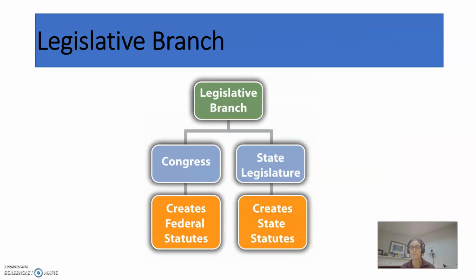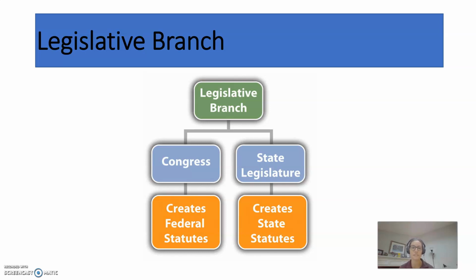So the legislative branch. Now remember, before I say something, that we have the federal system. So when we talk about the legislative branch, we actually have a legislative branch at the federal level and a legislative branch at every single state level. At the federal level, we call the legislative branch U.S. Congress. Each state also has its own legislature.